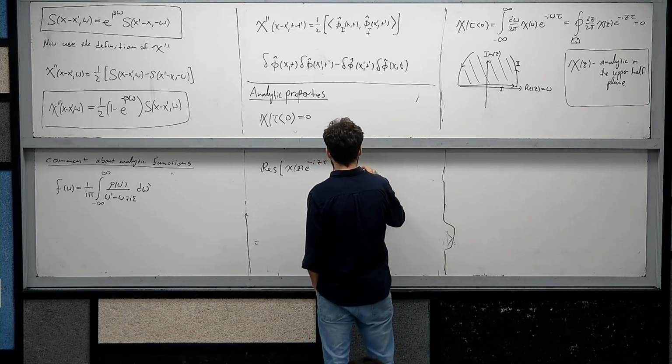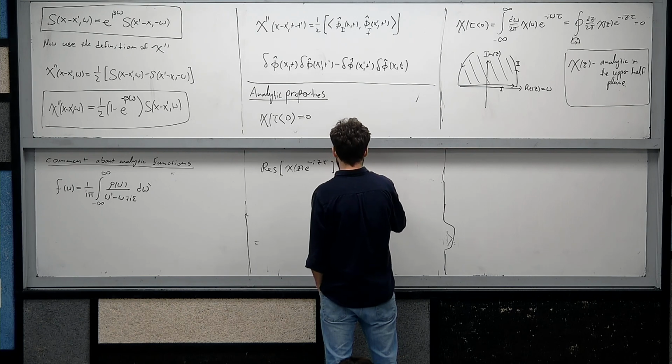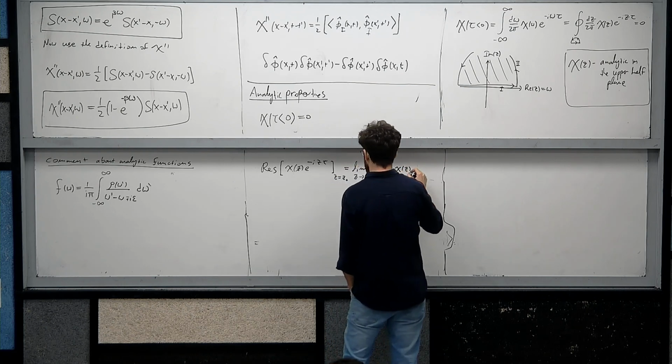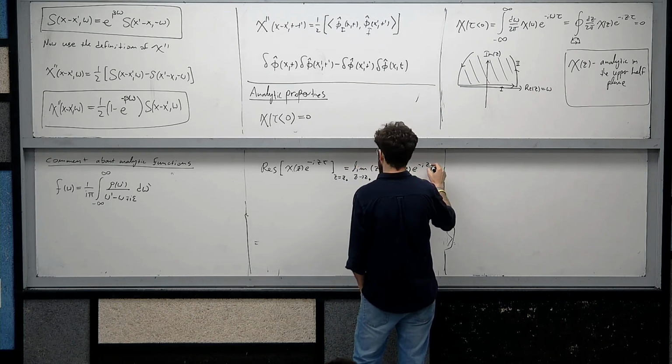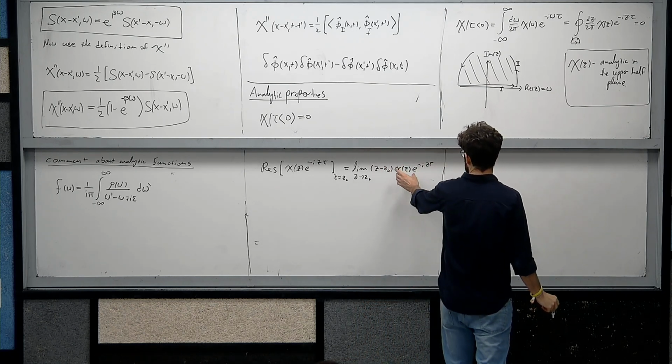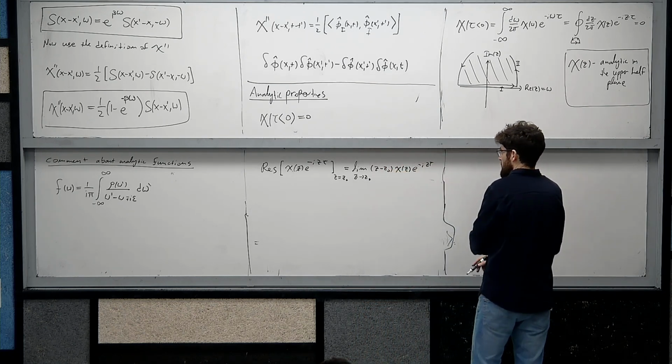So that would be the limit of z going to z naught of z minus z naught times chi of z e to the minus i z tau.